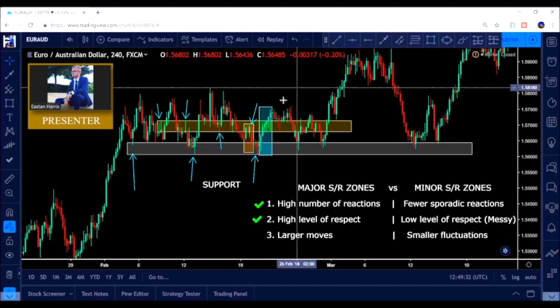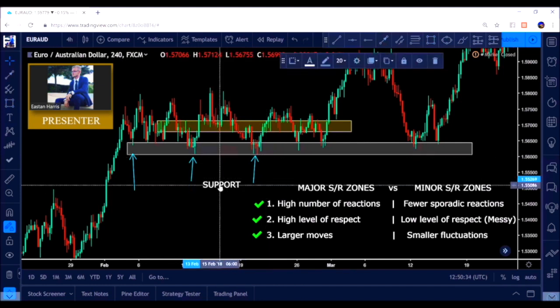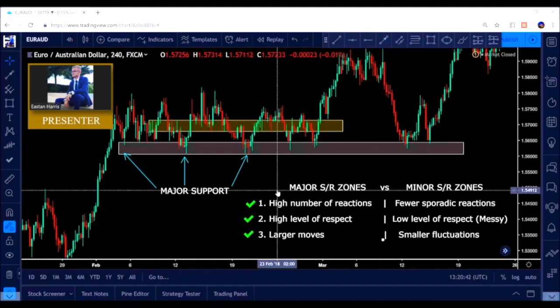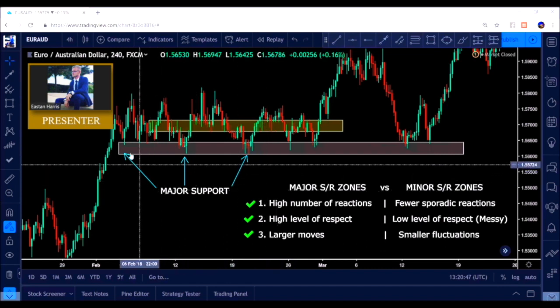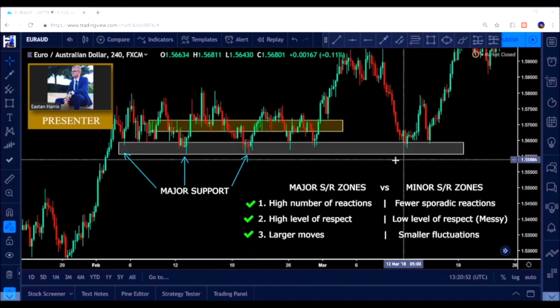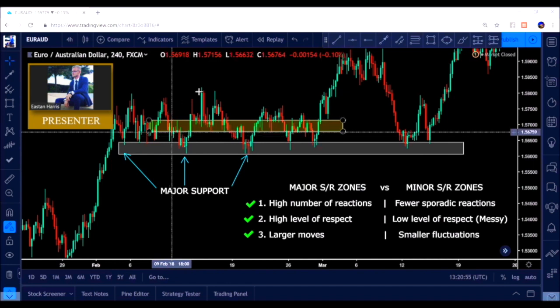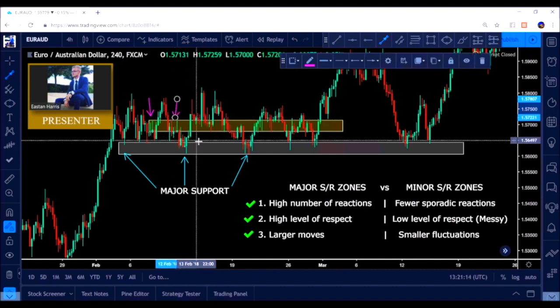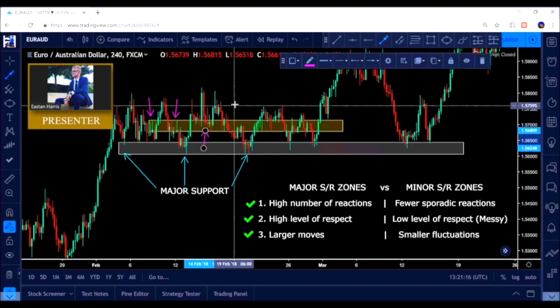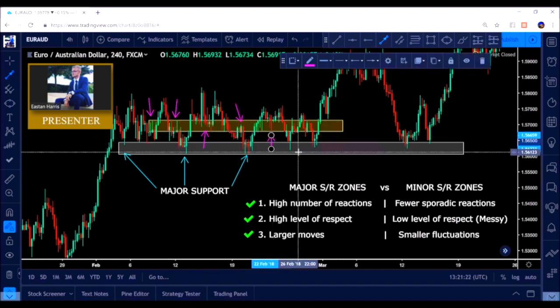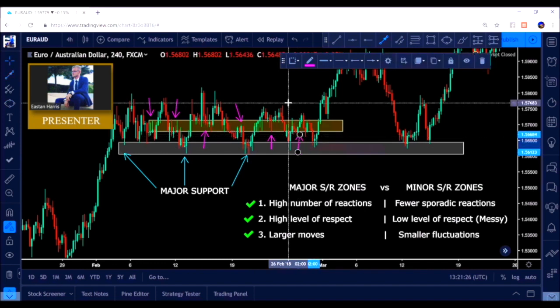Now let's clear some of this up. This area on the bottom here is our major support. Now let's look at these two zones relative to one another. We counted 11 reactions across this whole major support. Now within this minor one, we have 1, 2, 3, 4, 5, and you can count these, okay?